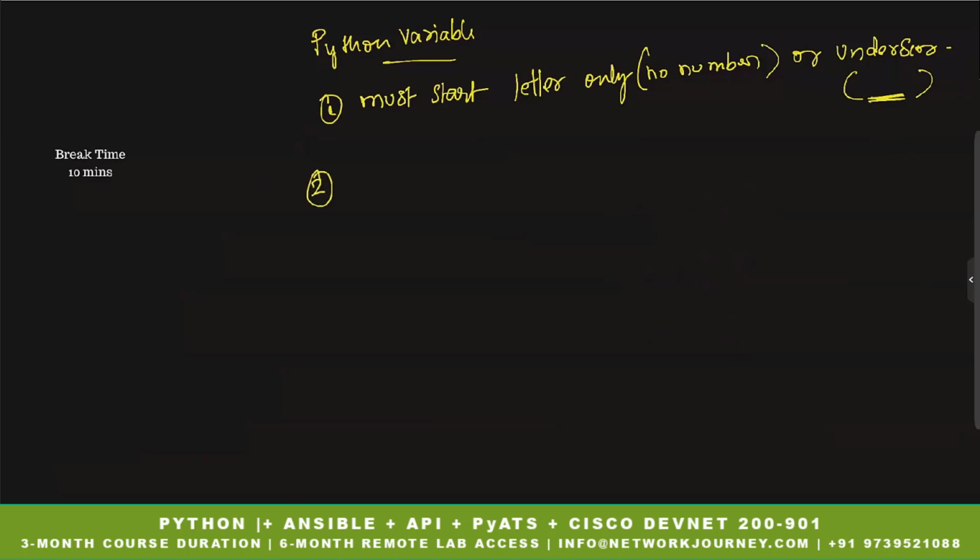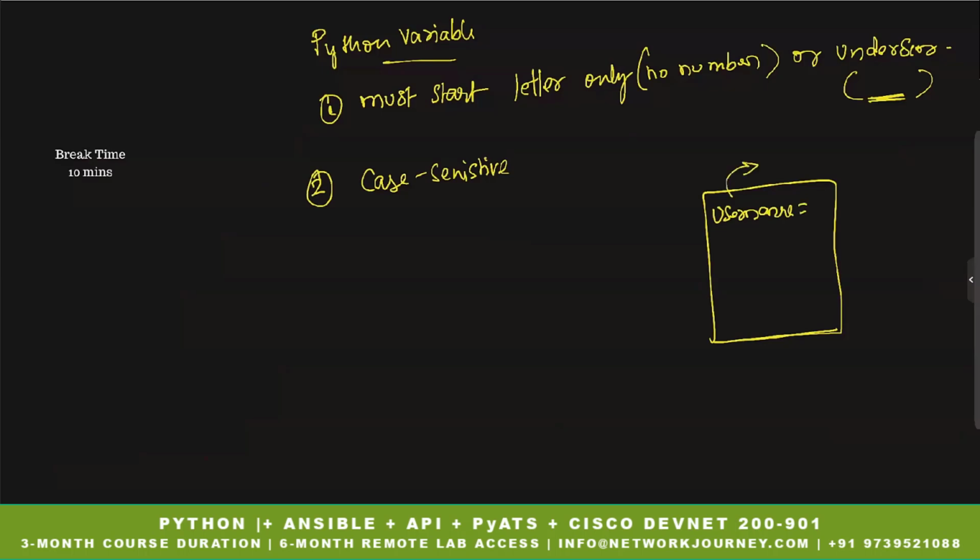They are case sensitive. That means, let's say in a script you define a variable like this, all in lowercase. But later down the line, if you call the same variable using a capital letter, you get an error at this spot.